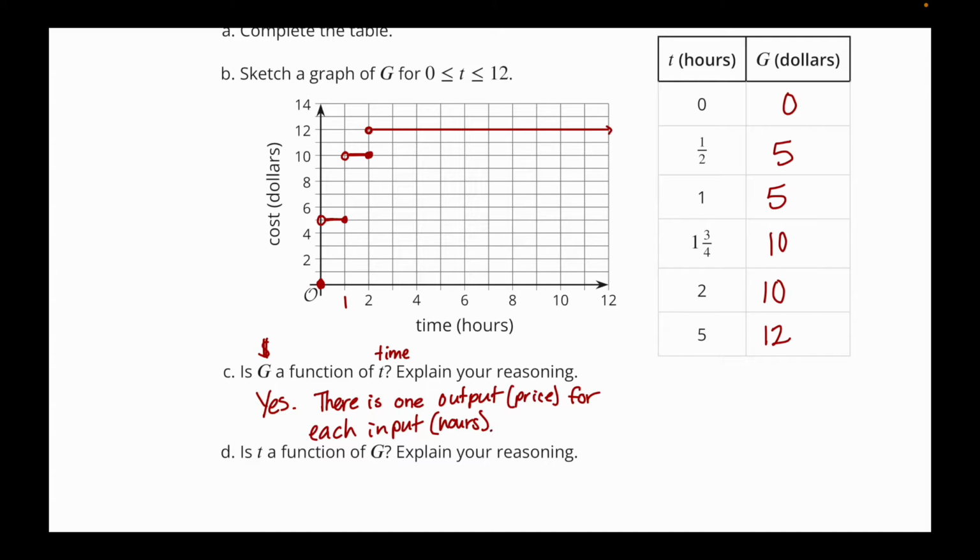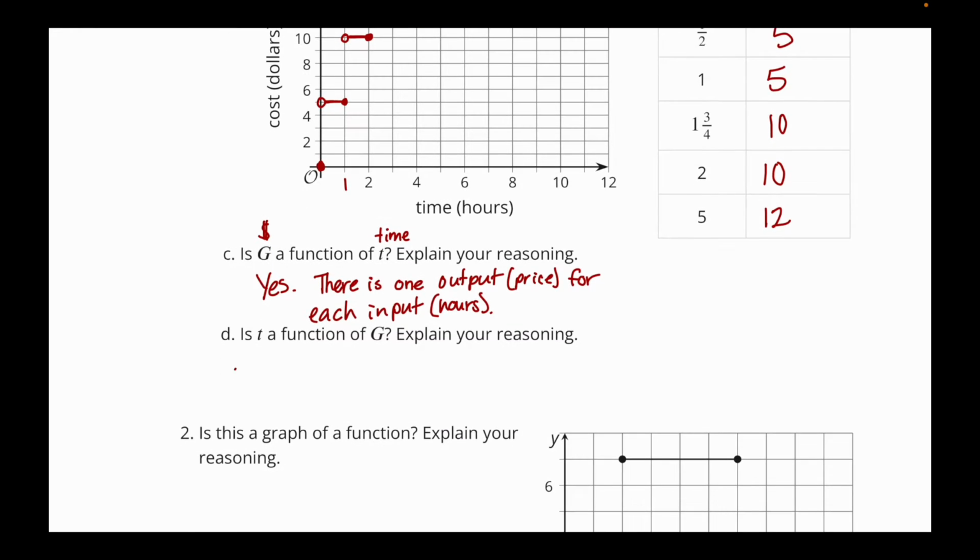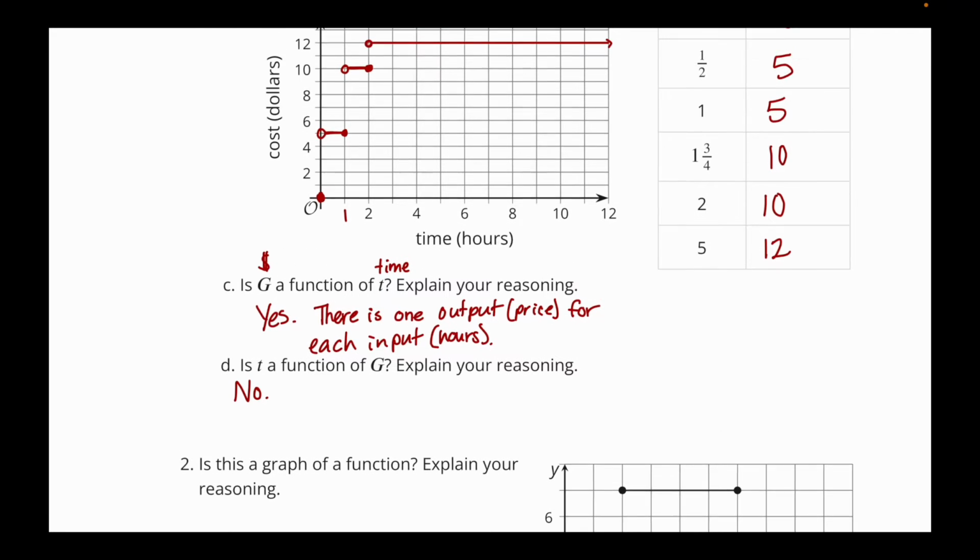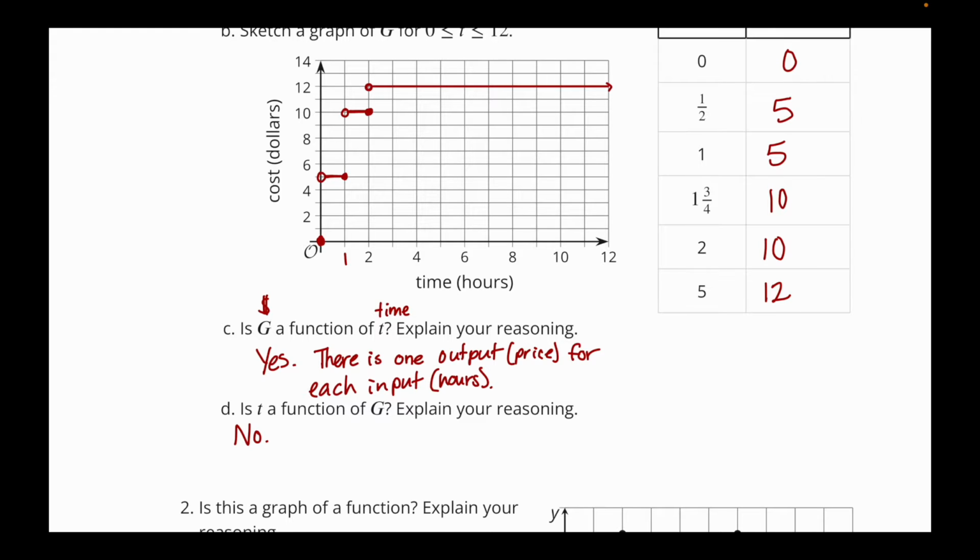Now, if we looked at it in the other way and we said, is time a function of dollars? That would be asking, if you told me how much you paid, that I could tell you exactly how long you parked there. And that is not going to be true, because if you told me that you paid $12, you could have parked there for so many different time periods.